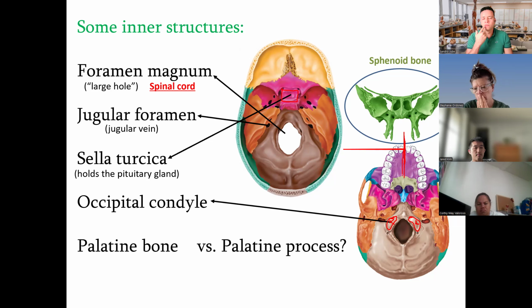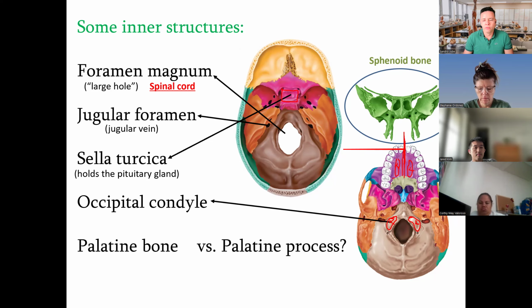There is a marking on the maxilla, which are some grooves right here, and we call this the palatine process of the maxilla. And once again, they are bilateral, right? We have the palatine process of the left maxilla, and we have the palatine process of the right maxilla.